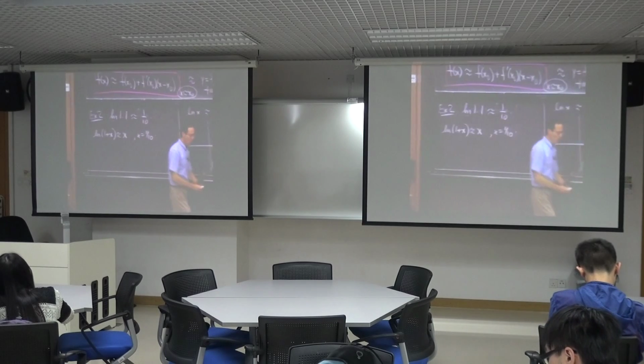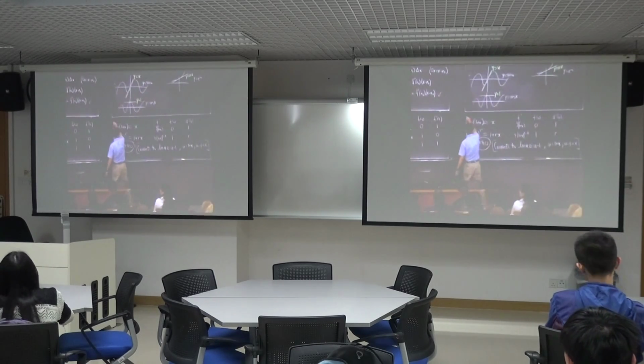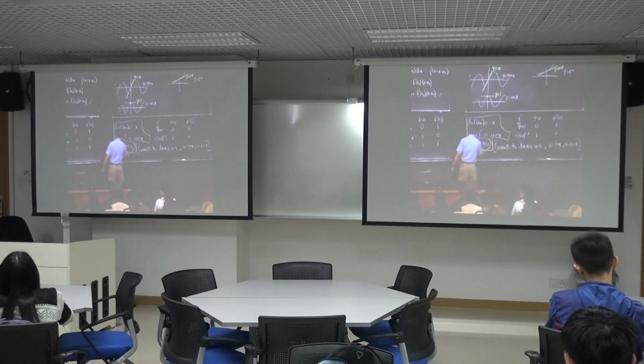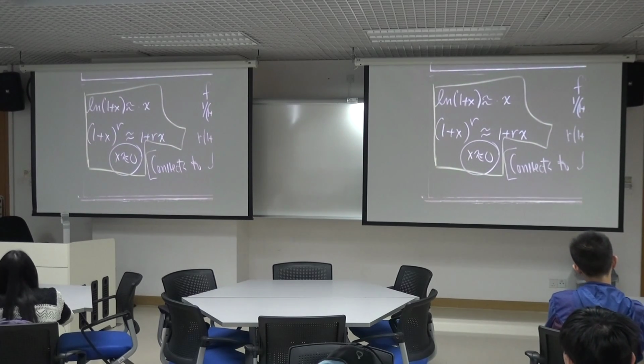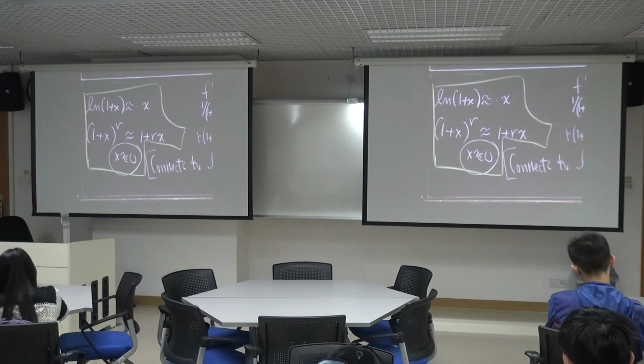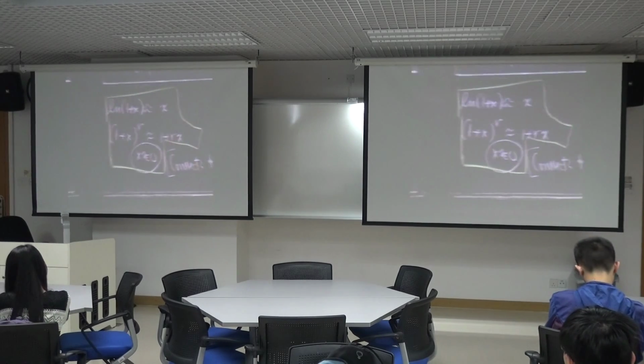So that is the formula. Maybe I should put a box around these two formulas too. That's this formula applied with x equals a tenth. I'm claiming that a tenth is a sufficiently small number, sufficiently close to 0. This is an okay statement.